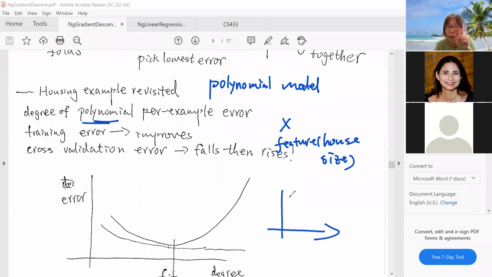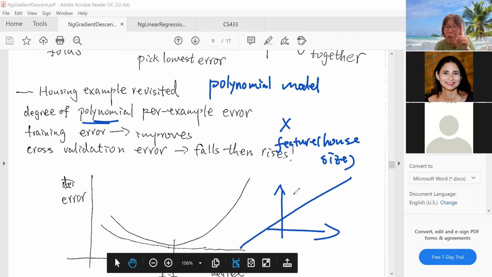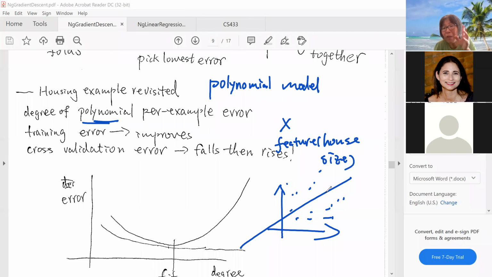For linear, here is your sample data, and you can see it's off quite a lot. So the idea for the polynomial is, can we find some curve? This is the polynomial expression to represent the relationship between the features and the predicted values.